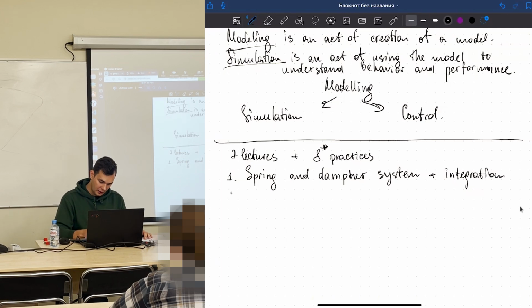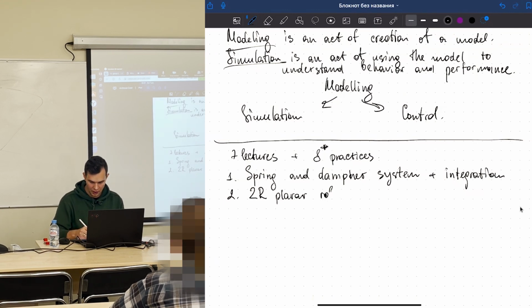Then, from the simplest model, the spring damper system, we move to the planar case. We consider 2R planar. 2R means a planar robot with 2 rotational joints, and we're going to talk about control, different strategies.